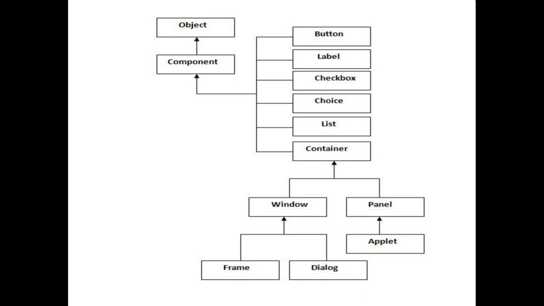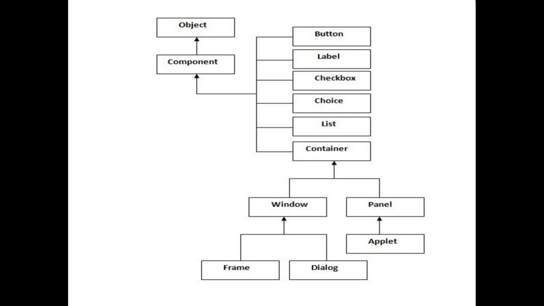As you know, a window means what you see in a window, that's actually a frame, and from Window you can derive either a Frame or a Dialog box. In Window you cannot have menu items and border lines, but in Frame you can have everything. That means it's a type of container, and in that Frame you can accommodate buttons, labels, checkbox, all these things, as well as in a Dialog box.